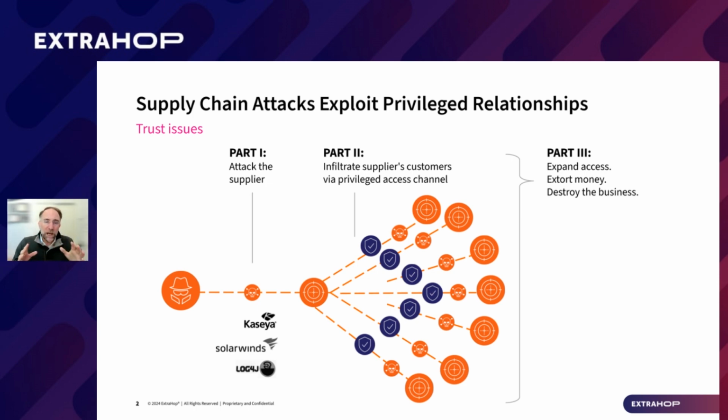So a supply chain attack is really a type of cyber attack in which the attacker gains access to your network by first compromising a third-party software, device, or service provider. They use privileged but legitimate access to your system rather than attacking your network directly.